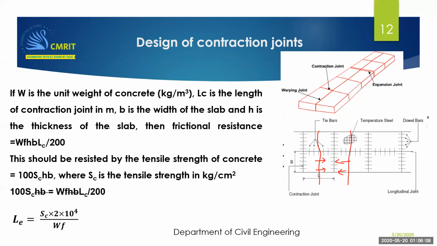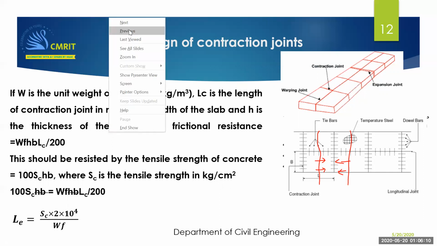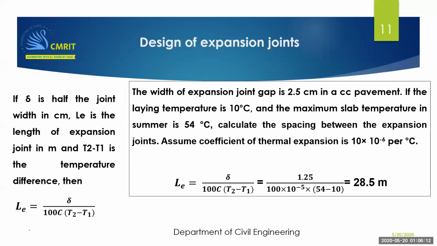So that is why delta is referred to as half of the joint width. LE is the length of the expansion joint, and T2 minus T1 represents the temperature difference. We know that deformation due to temperature is nothing but the total length into the temperature change into the coefficient of thermal expansion.